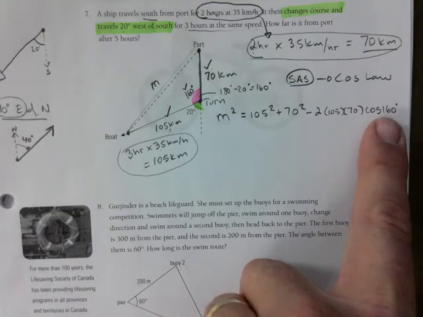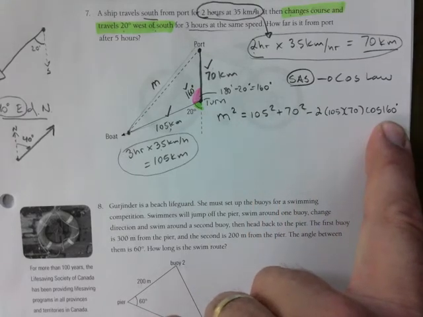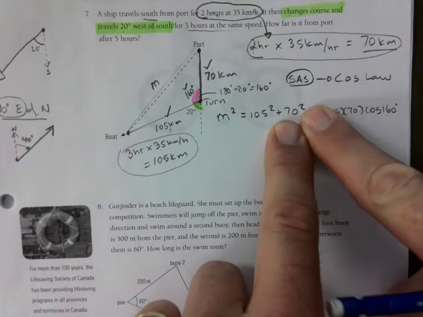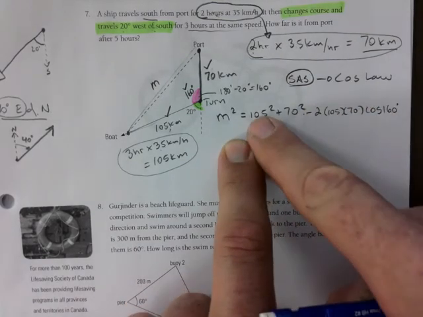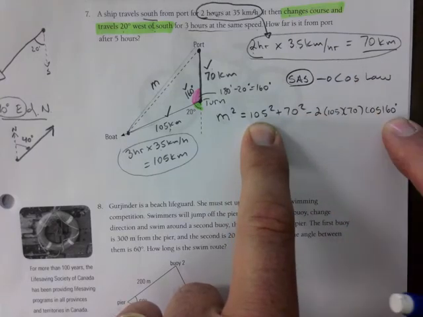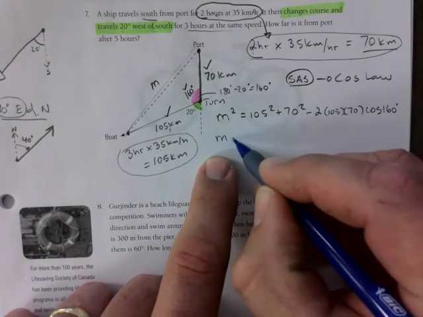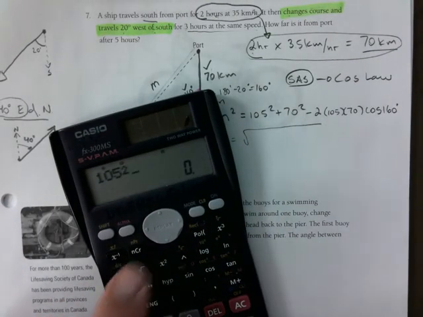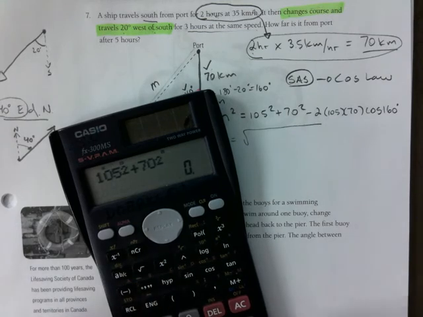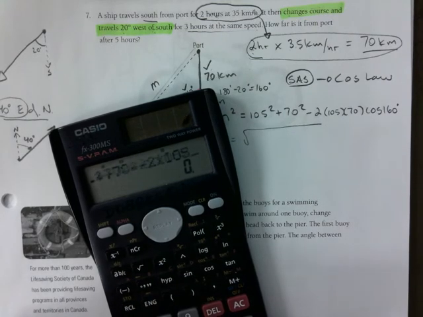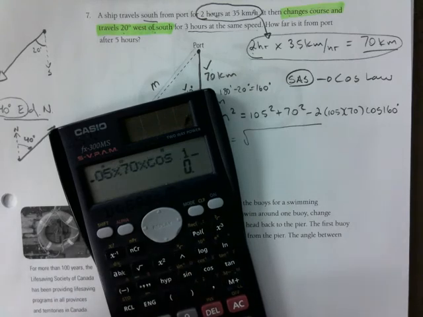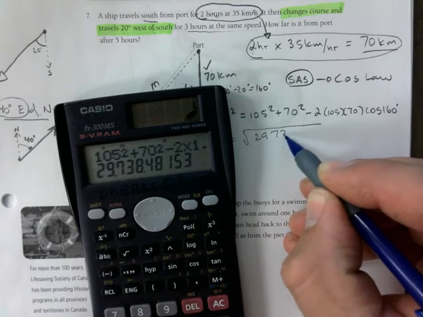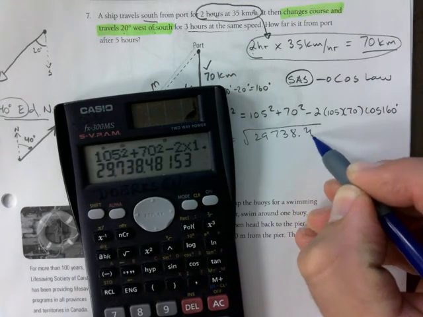So you've got to be careful if you're not typing this in one shot, because this negative and that negative will turn this whole thing into a positive. So it's really add these two and this whole thing added to it, right? But I don't need to worry about it because I typed this in one shot. Watch. 105 squared plus 70 squared minus 2 times 105 times 70 times cosine of 160. And that's 29,738.48153.